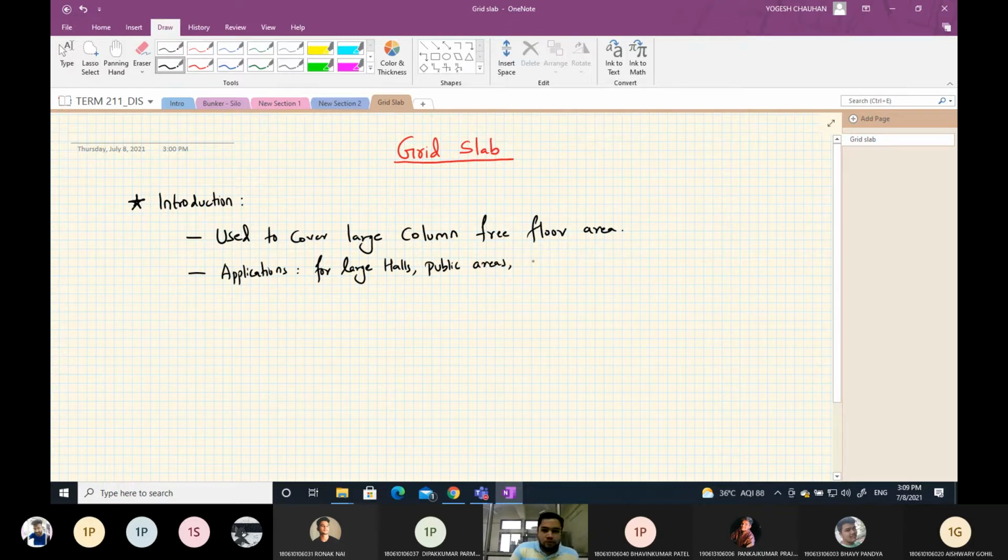Then auditorium, lecture halls, showrooms, theaters.